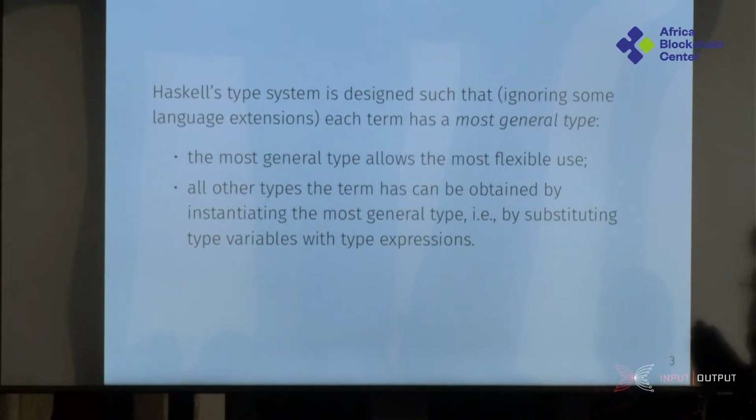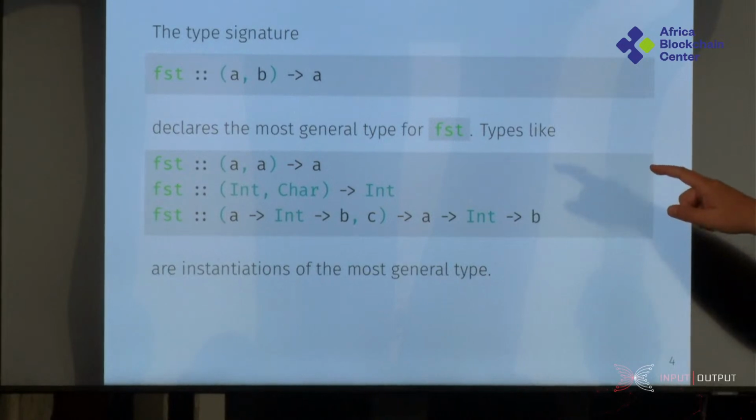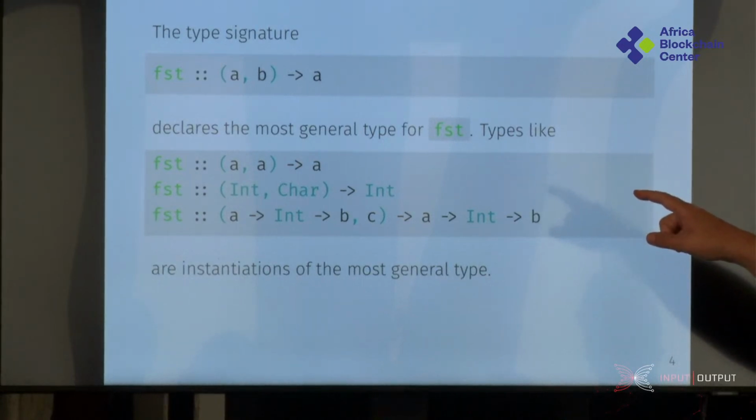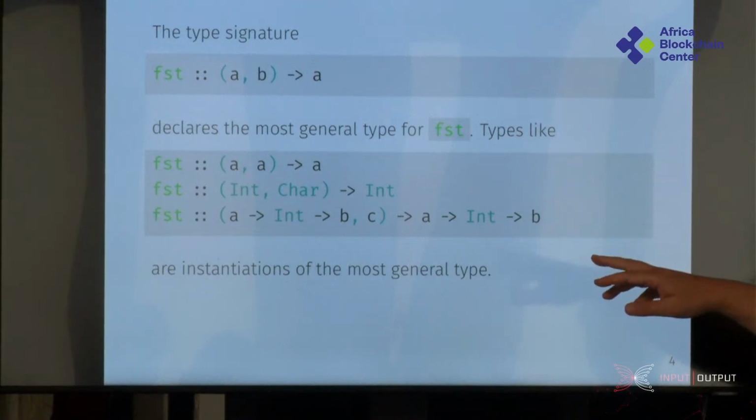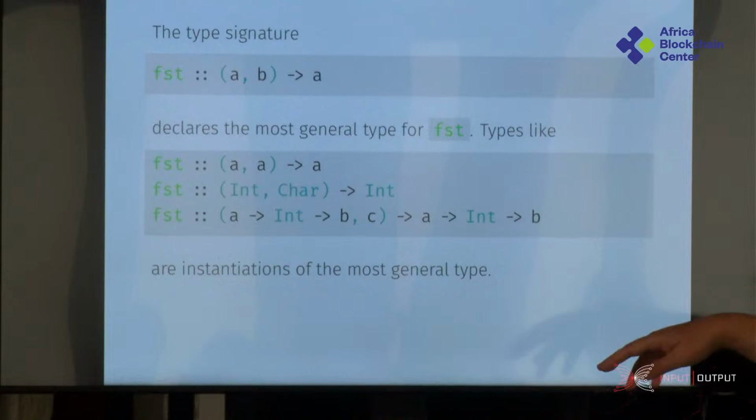By setting type variables to other type variables or to some other types, you can get all the other possible types of an expression. As I just said, this is the most general one for first, and you can get all these others by instantiating a and b to the right values.